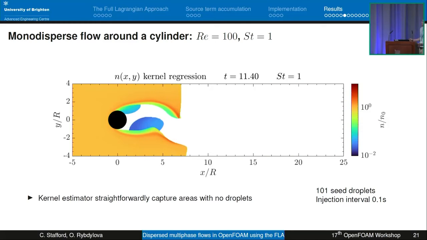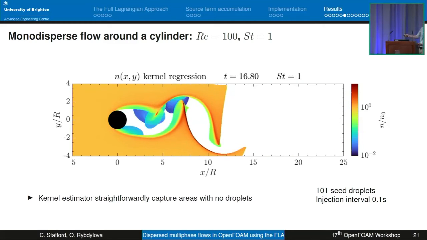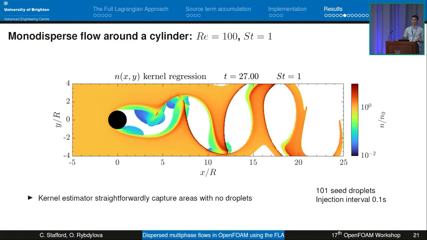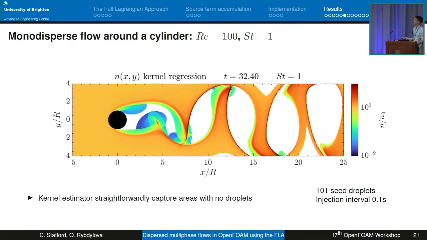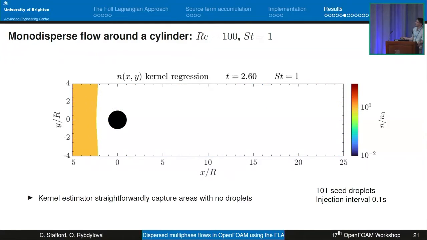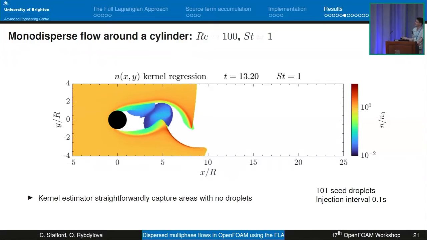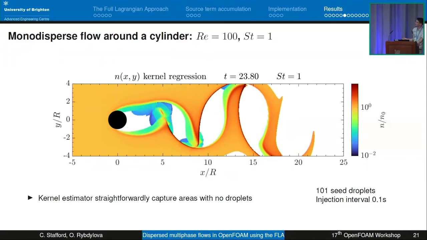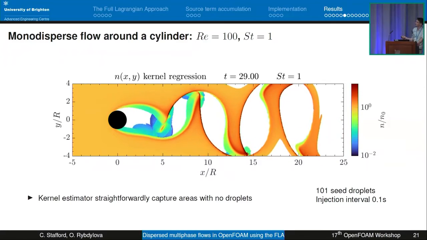I point out here that the colouring is logarithmic, so these big blue ovals that correspond to very low number densities, essentially that's just a cut-off between the blue and the white, which is negligible. So at a statistical level, this tells us quite a lot of detail about the flow, and importantly provides a smooth description in an Eulerian sense.